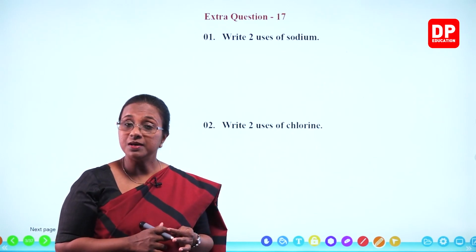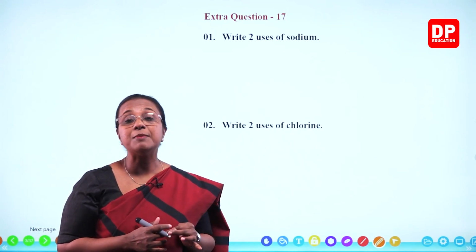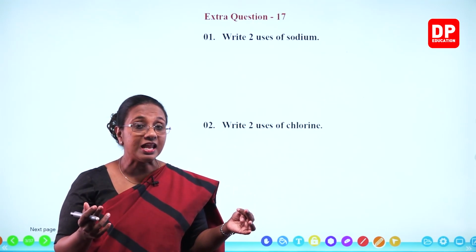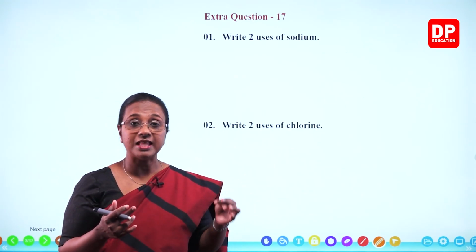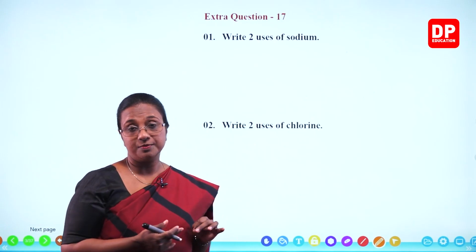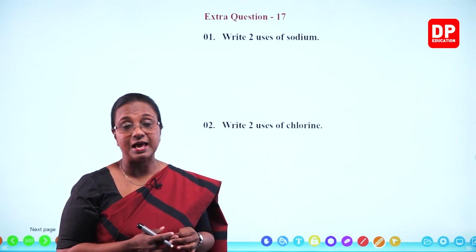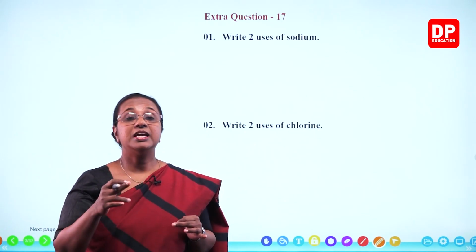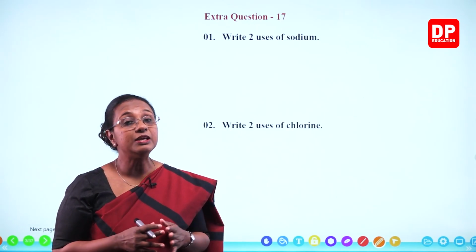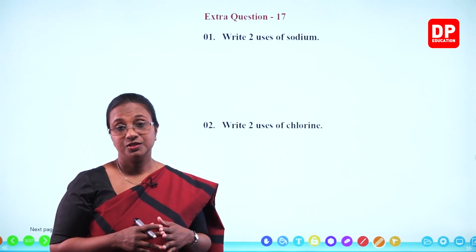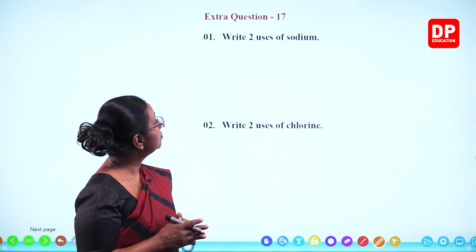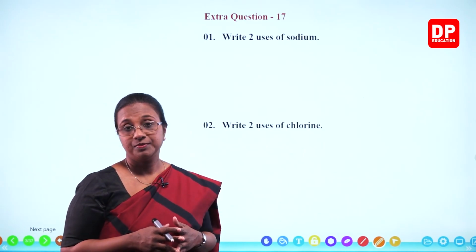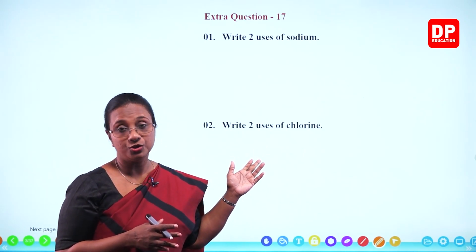Then you can remember, we use sodium vapor lamps. As street lamps, they use sodium vapor lamps. For that, we use sodium. And also, it is used as a coolant in nuclear reactors. So those are some uses of sodium. You can write any 2 uses.